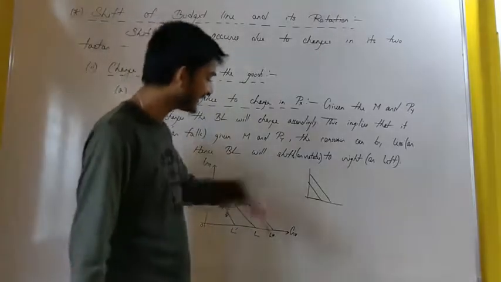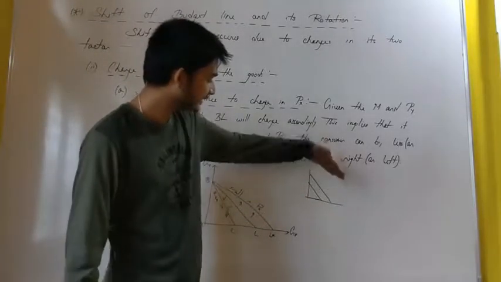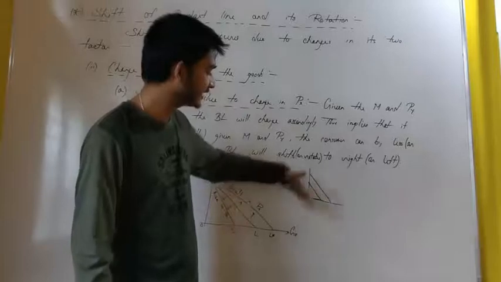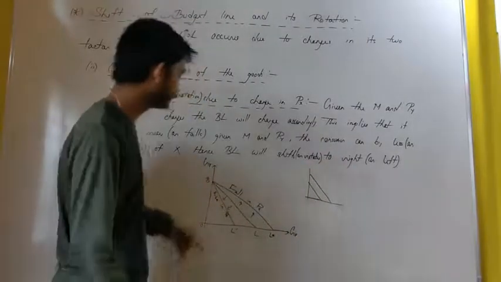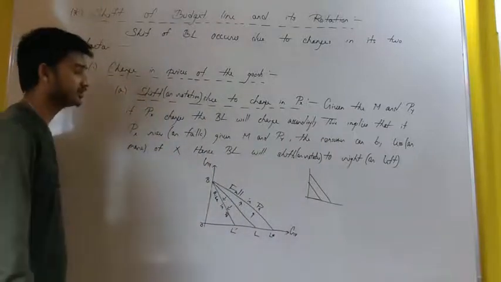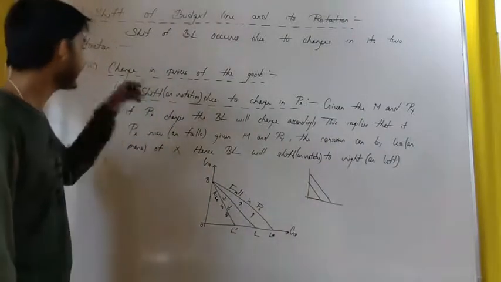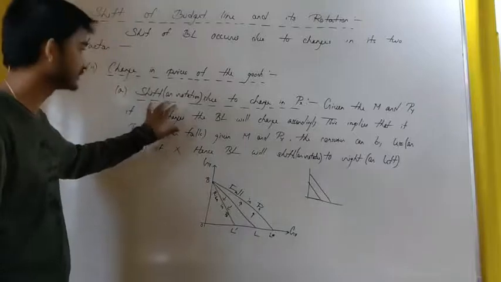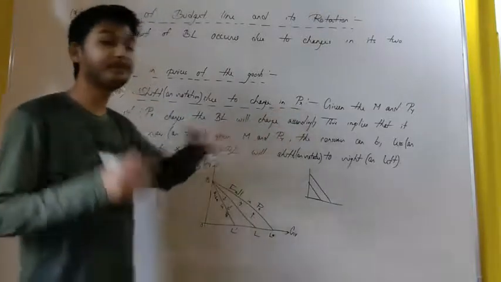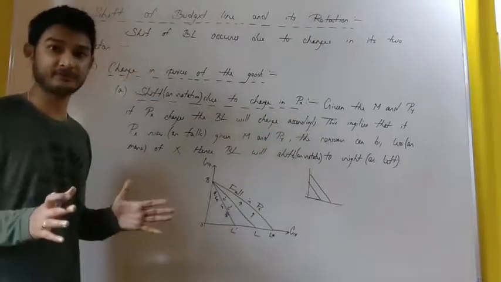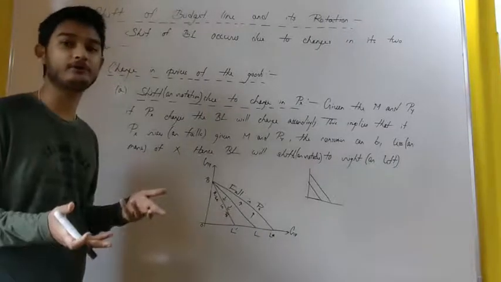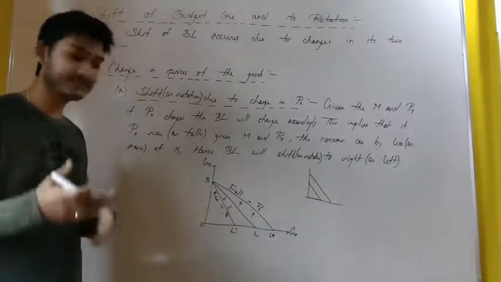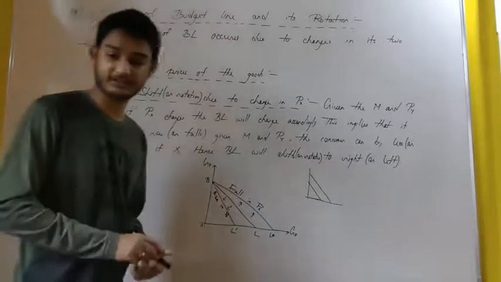If it is entirely shift, then it would have been shifted entirely to the rightwards or entirely to the leftwards, but it is rotation. So whenever a question of shift comes mentioning the prices of either of the good, it could mention the price of good X or it could mention the price of good Y, this implies the rotation.